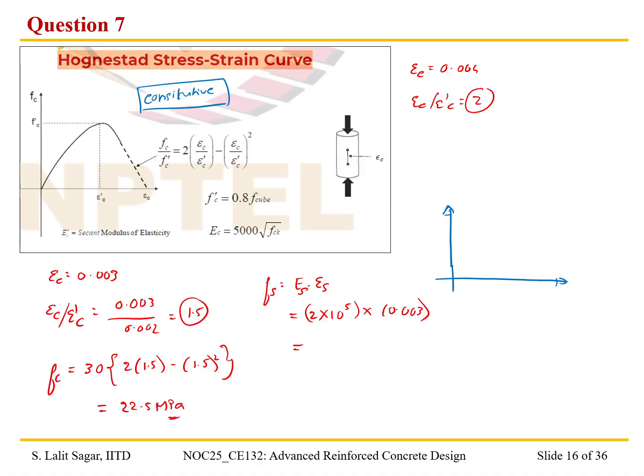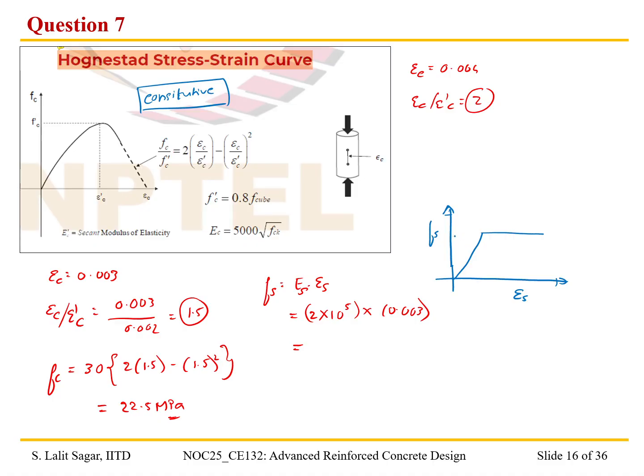For concrete, we're using this Hognestad stress strain curve for normal strength concrete, which is also called the parabolic law. But for reinforcing steel, it will follow some kind of curve, but we're going to idealize the stress strain curve as a bilinear elastoplastic model. So this will be the strain and this will be the stress.